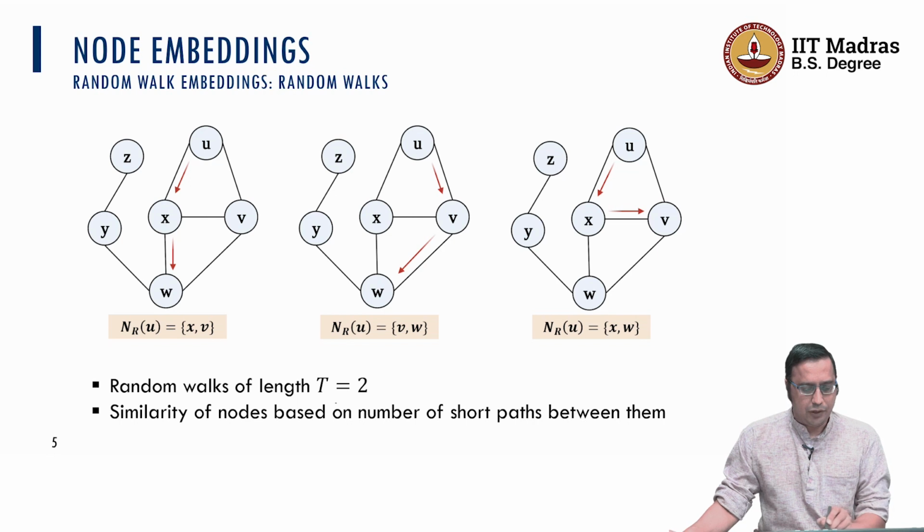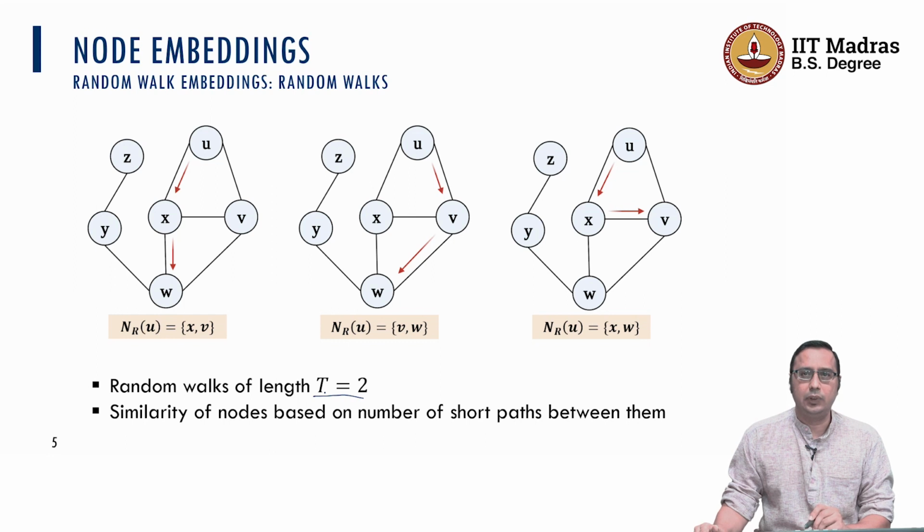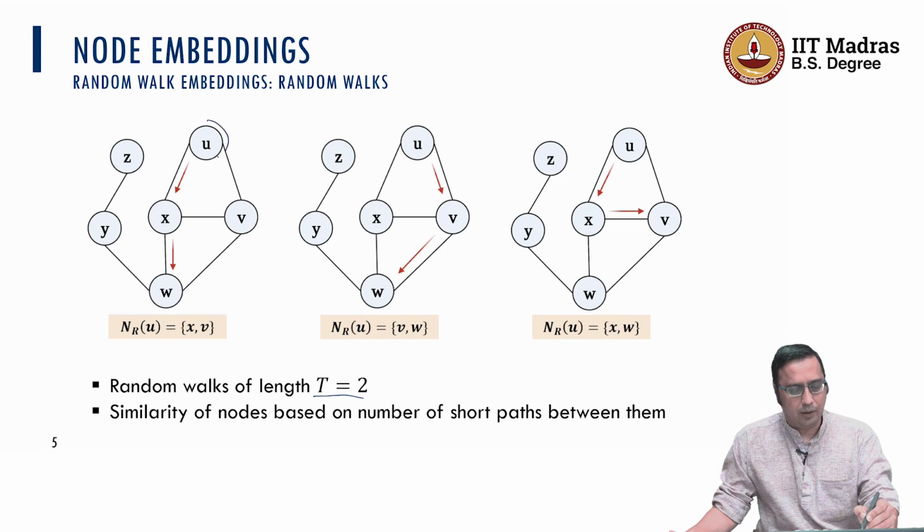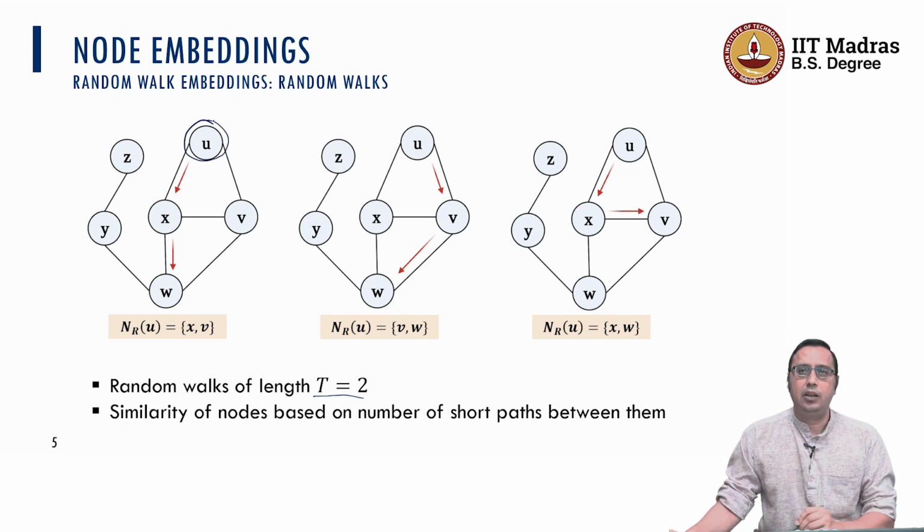So I am going to generate random walks of length t equal to 2. It means that I will have 2 steps, or 2 neighbors I am going to look for, for my node u, using the probability distribution which we have discussed earlier, which is a uniform probability distribution over all the nodes in the neighborhood of a particular node.